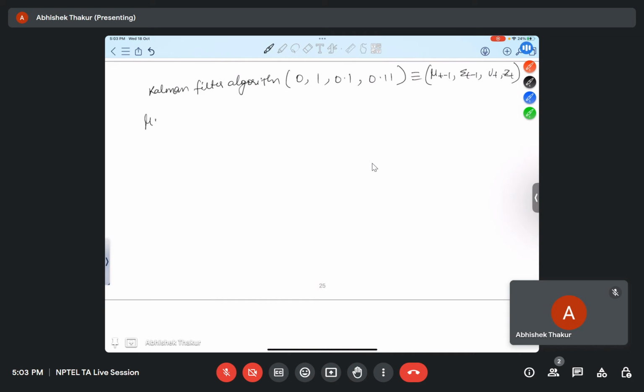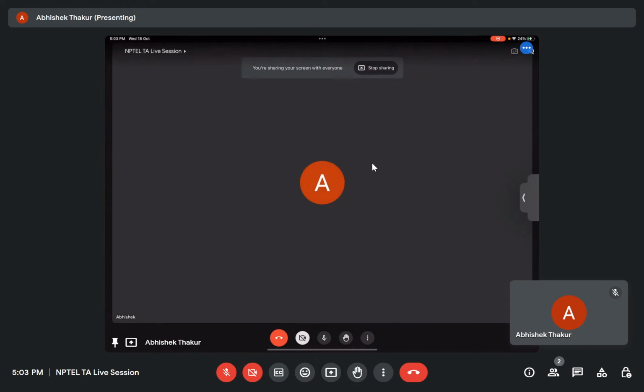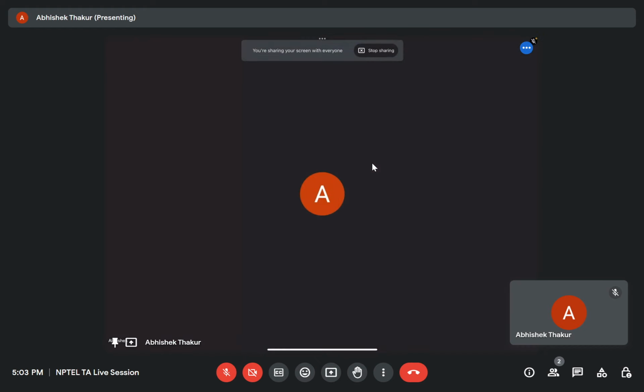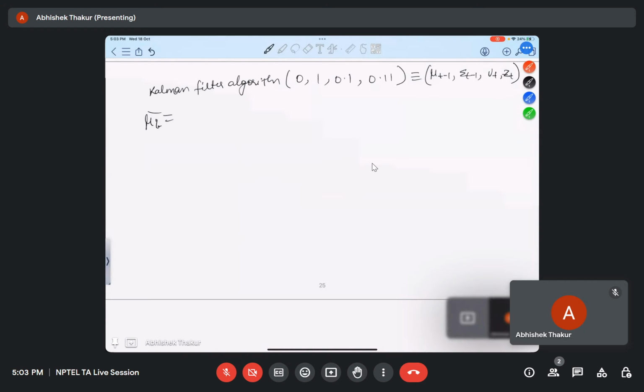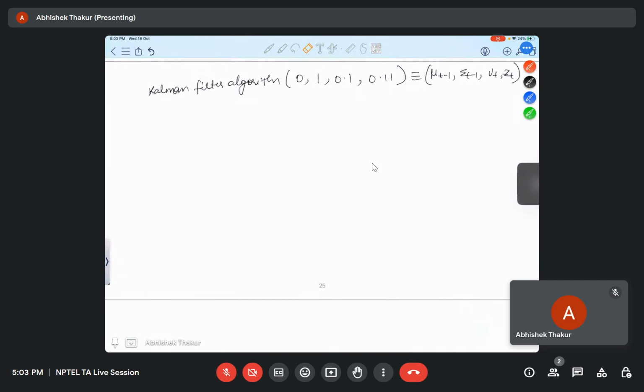Now mu bar t is equal to, A, B and C are 1, so mu t minus 1 plus ut.